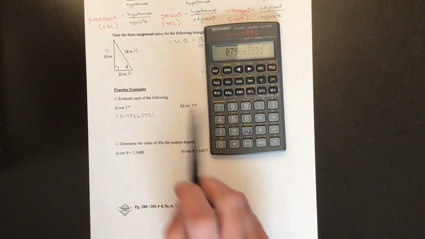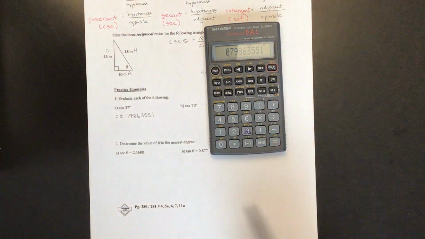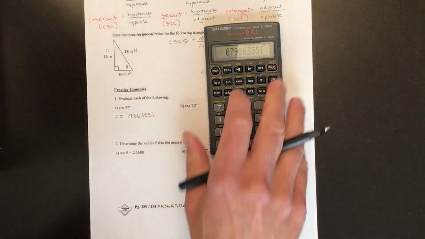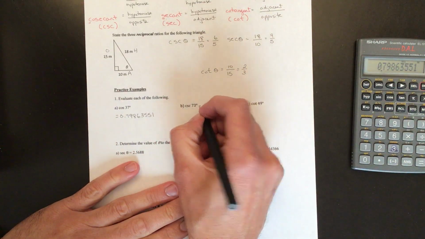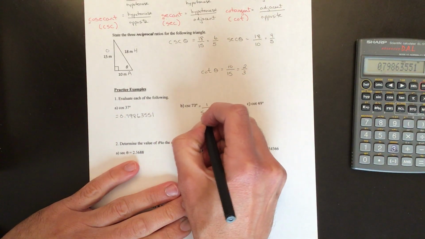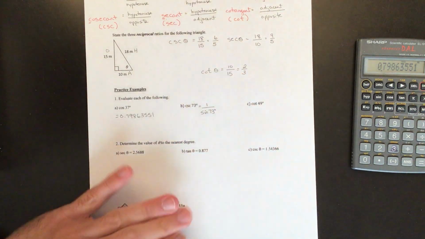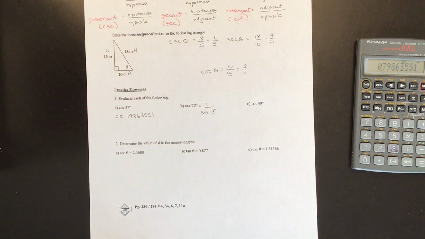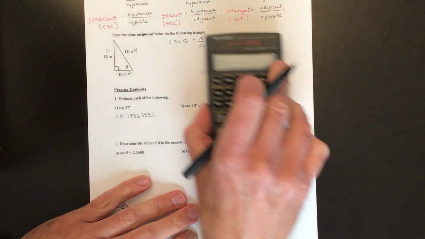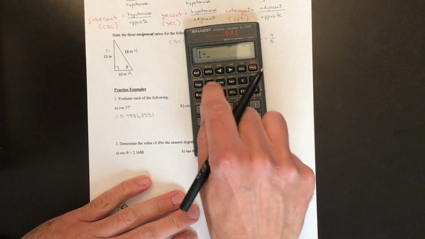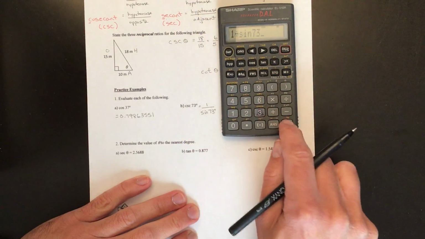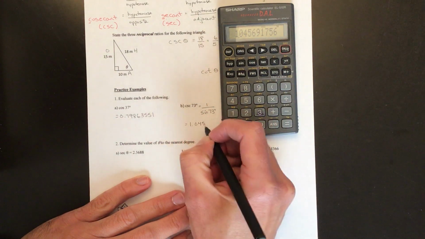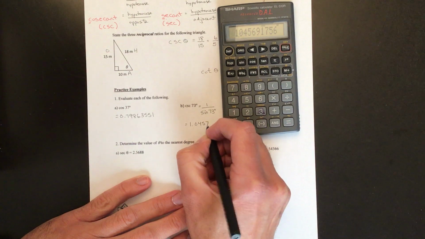Next, CSC 73 degrees. That's cosecant. So I'm looking at cosecant of 73. Well, cosecant is the reciprocal of sine. So this is actually equal to 1 over sine 73, right? Because that's the reciprocal of sine. So I'm going to do 1 divided by sine 73, and that's my decimal, 1.0457.